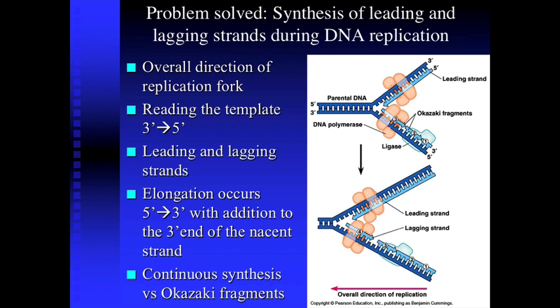And the Okazaki fragments in prokaryotes are actually much larger. In prokaryotes, they're 1,000 to 2,000 nucleotides in length. And in eukaryotes, surprisingly, they're only 100 to 200 nucleotides in length. So there's a pretty big size difference in terms of the size of the fragments themselves.